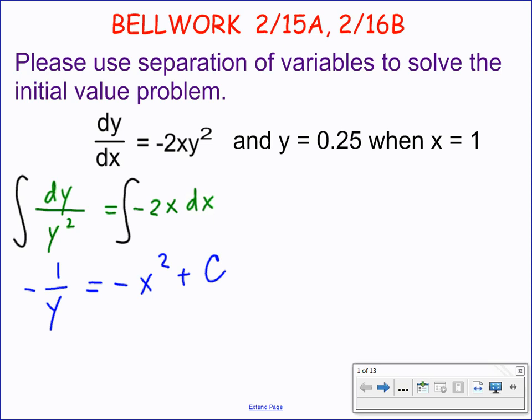All right, now we can go ahead and solve for my dependent variable. So I can do that a couple different ways. I could take the reciprocal of both sides so long as I include quantity that. Or I can multiply the y over and divide over by the negative x squared. So we've got lots of different ways we can do that.